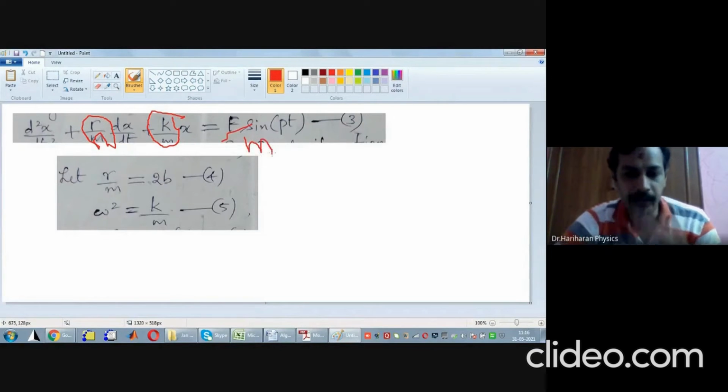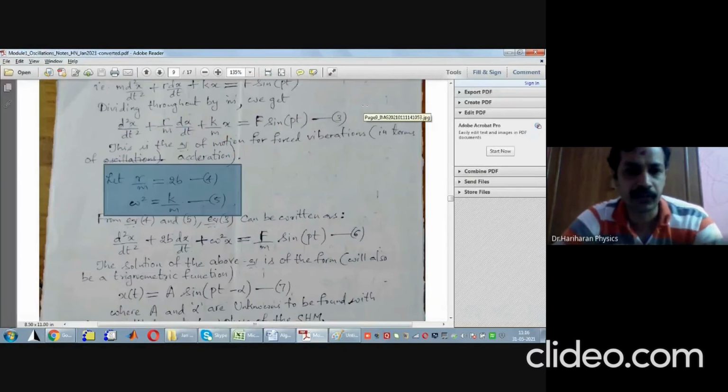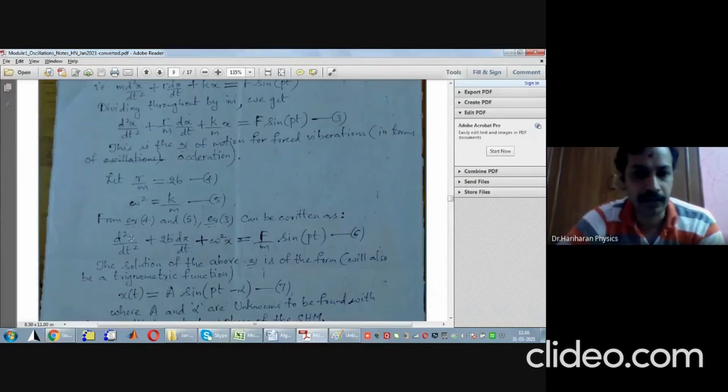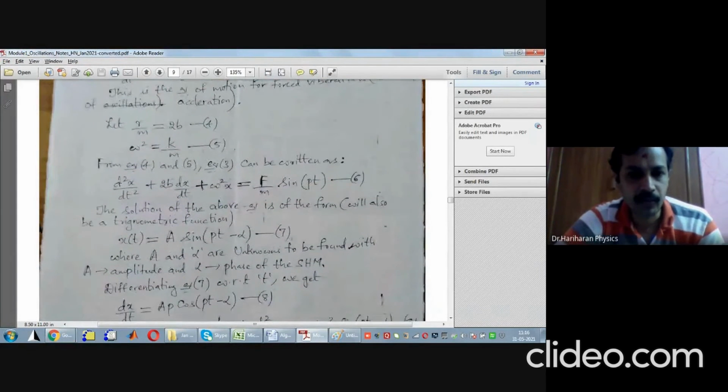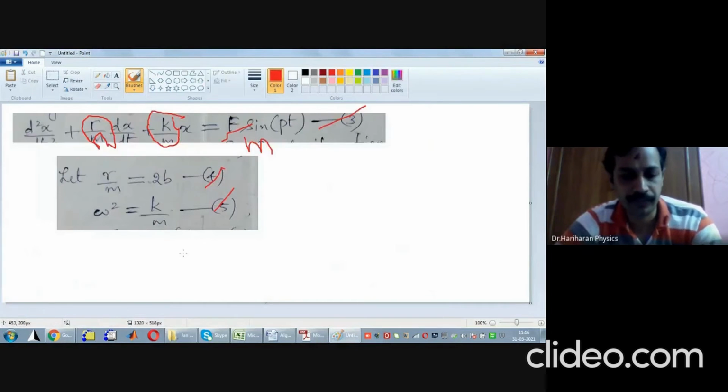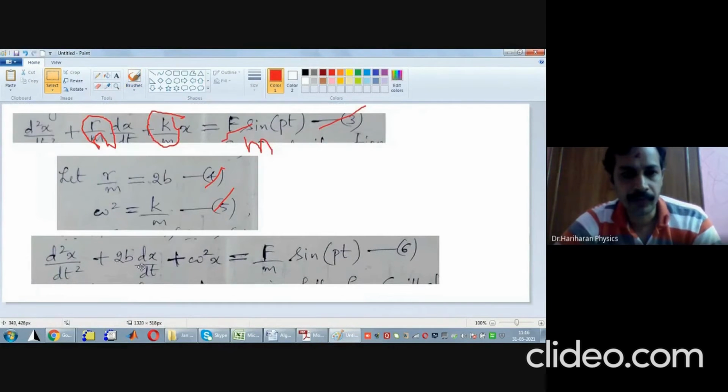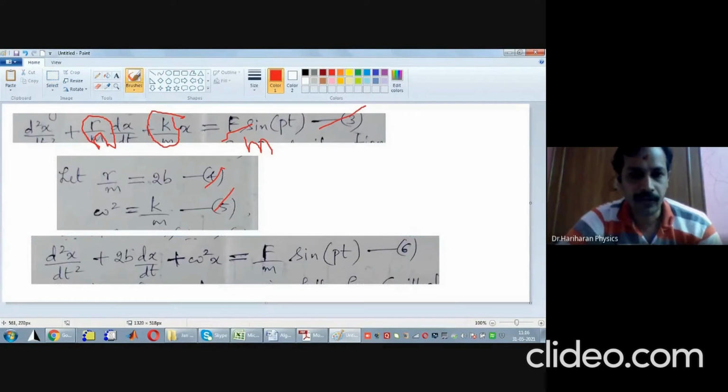Now from equation 4 and equation 5, equation 3 can be written as follows.